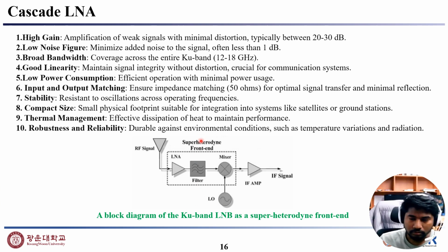And the cascode LNA has several advantages: high gain amplification of weak signals with minimal distortion, typically between 20 to 30 dB, and low noise figure. It has broad bandwidth, like coverage across the entire Ku band, and good linearity and low power consumption, that is efficient operation with minimal power use.